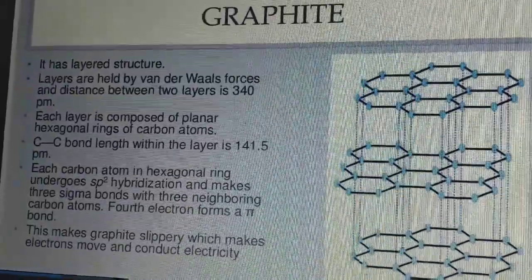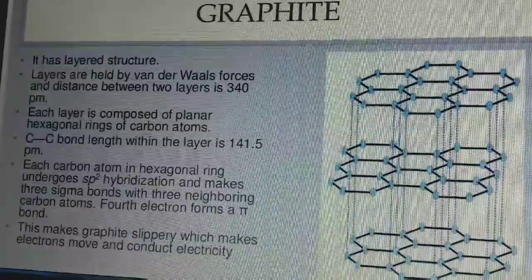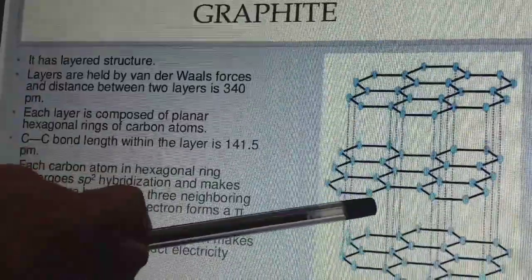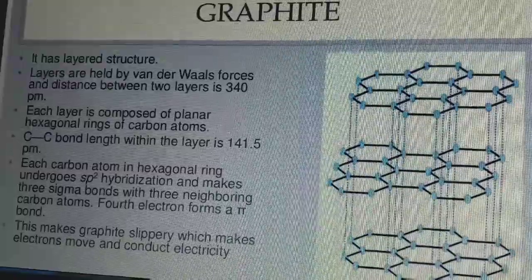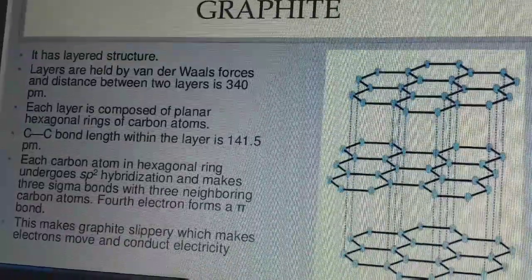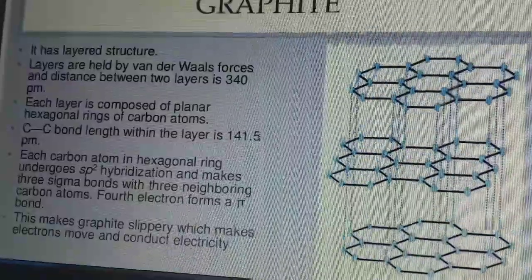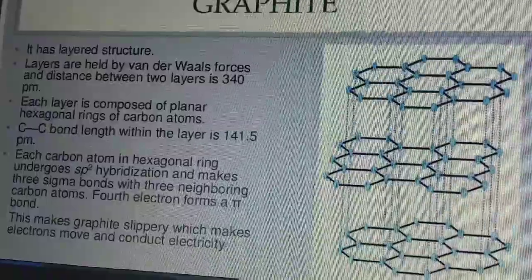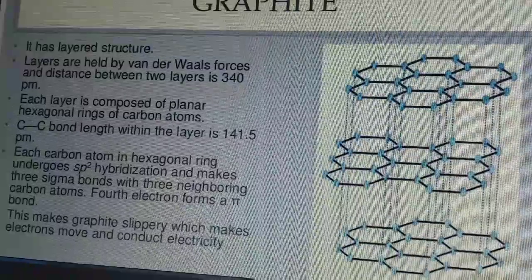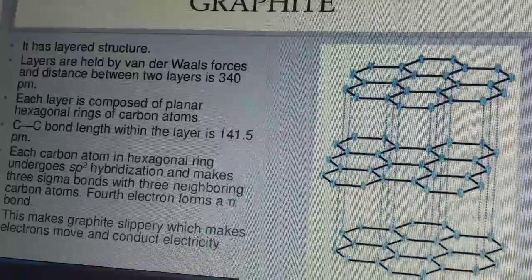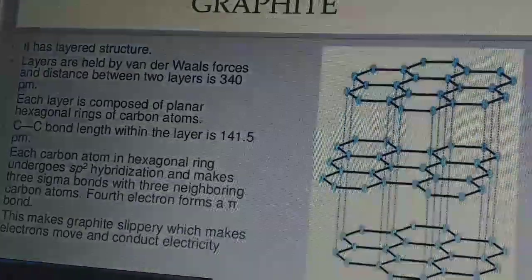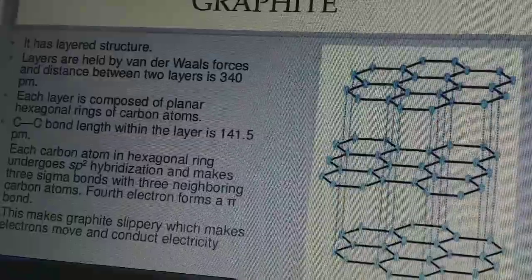Each layer is composed of planar hexagonal rings of carbon atoms, and the carbon-carbon length within the layer is 141.5 picometer. Each carbon in the hexagonal layer undergoes sp2 hybridization and makes 3 sigma bonds with 3 neighboring carbon atoms. And the fourth electron is free, because sp2 hybridization means one electron is not involved in hybridization.